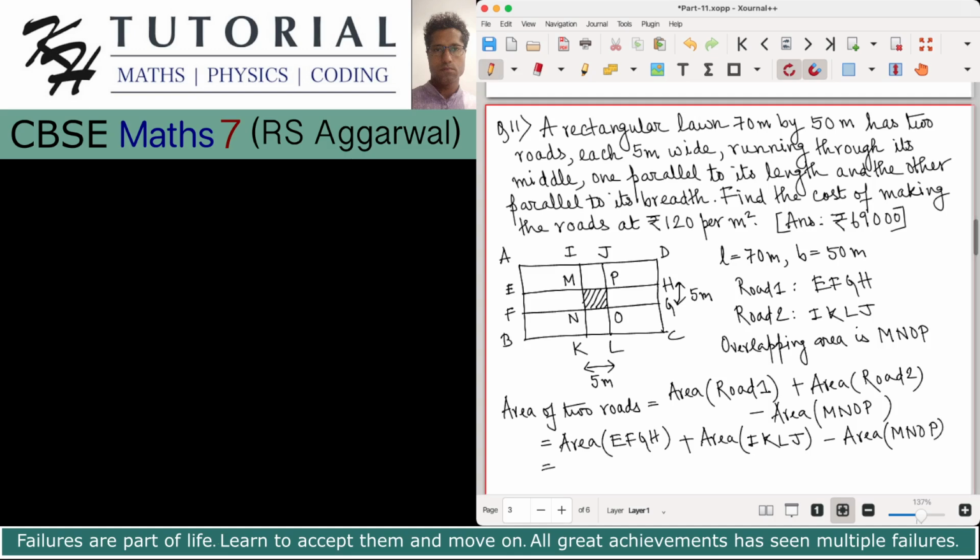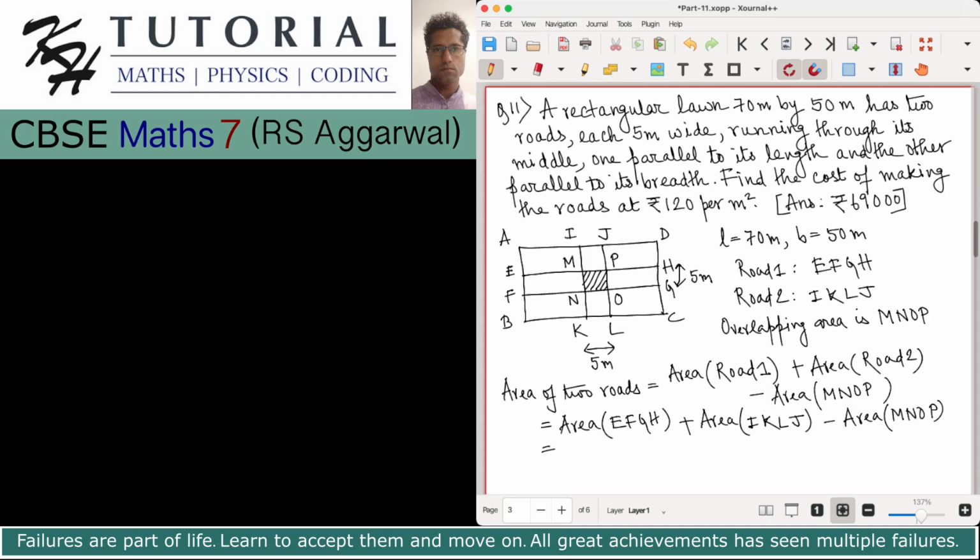So this is equal to the area of rectangle EFGH, which is EF multiplied by FG, plus the area of rectangle IKLJ, which is IJ, that is the width, multiplied by IK, minus the area of the rectangle MNOP, which is MN multiplied by NO.